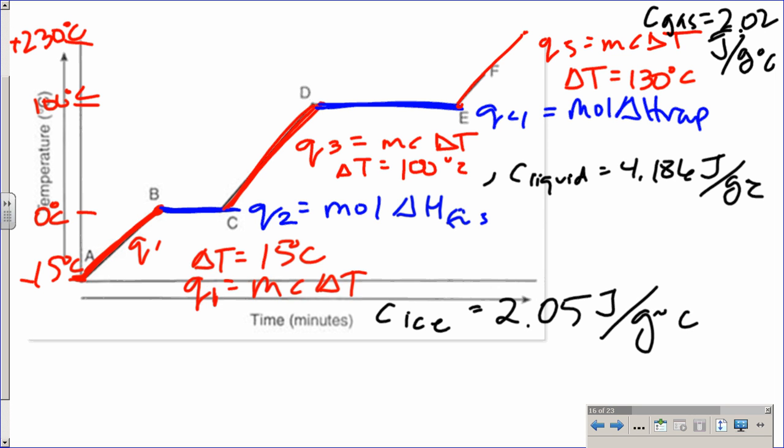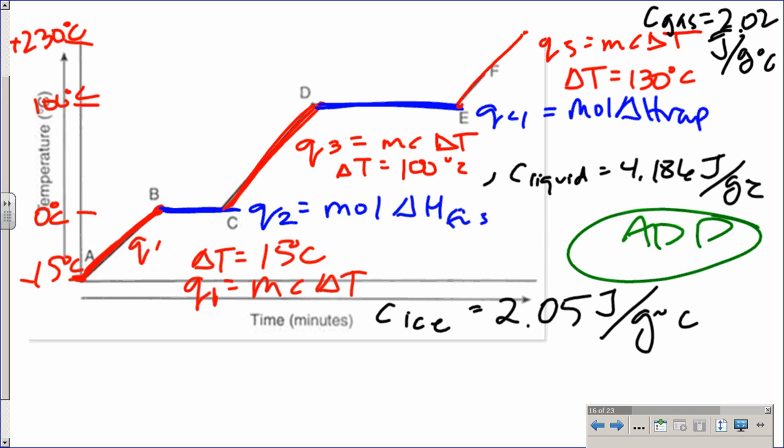If the question asked, what is the total energy required to cause this ice to go from -15 degrees C all the way up to 230? After you get all these, what are you going to do with them? Add them up. At the end of this big adventure, you add all your Q's, and that will be the total energy used. There was one caveat here.